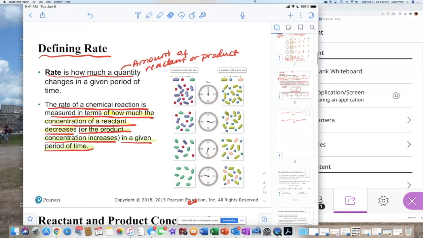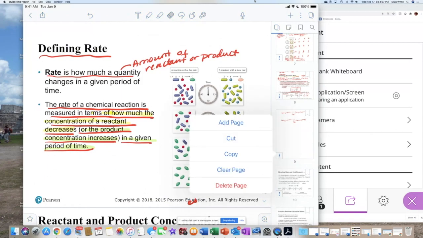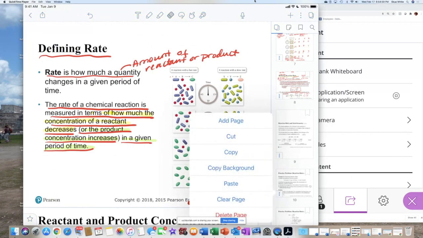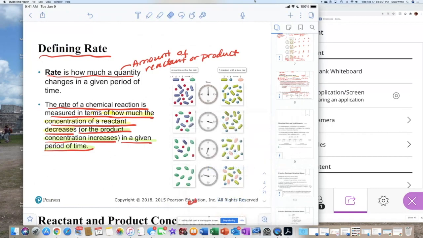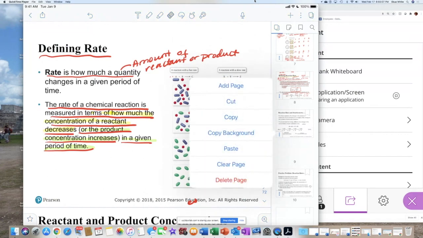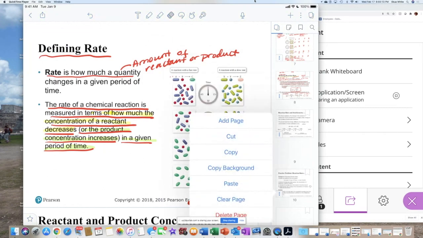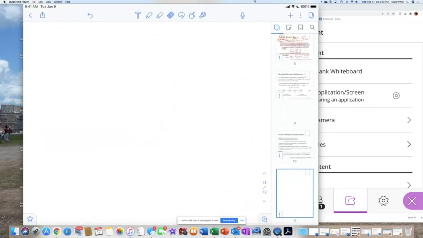I just wanted to have this move down. Okay. Let me add a page down here. That's okay. I'll add this right here and I'll deal with it when I get to it.